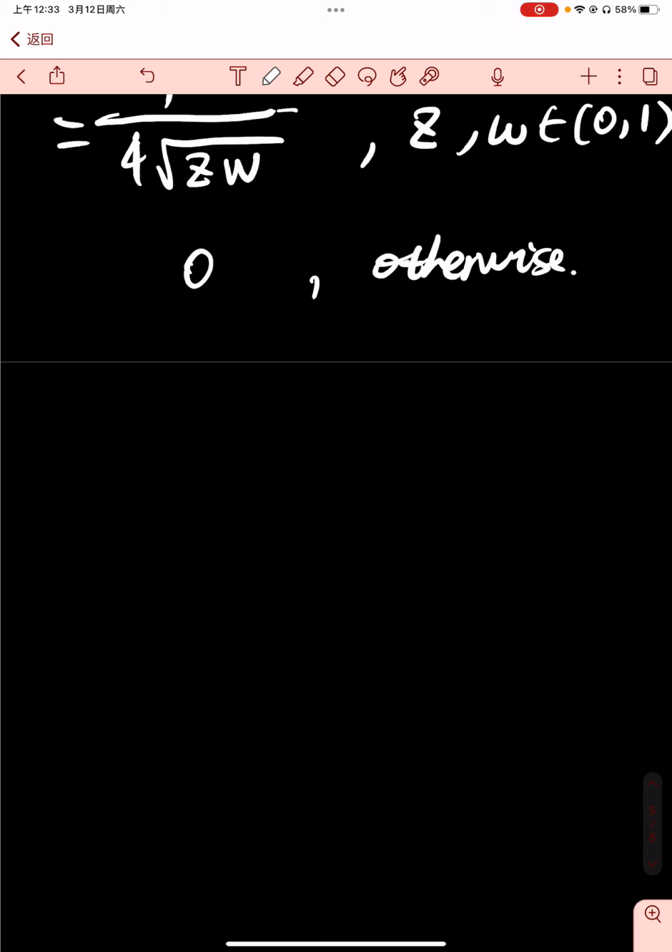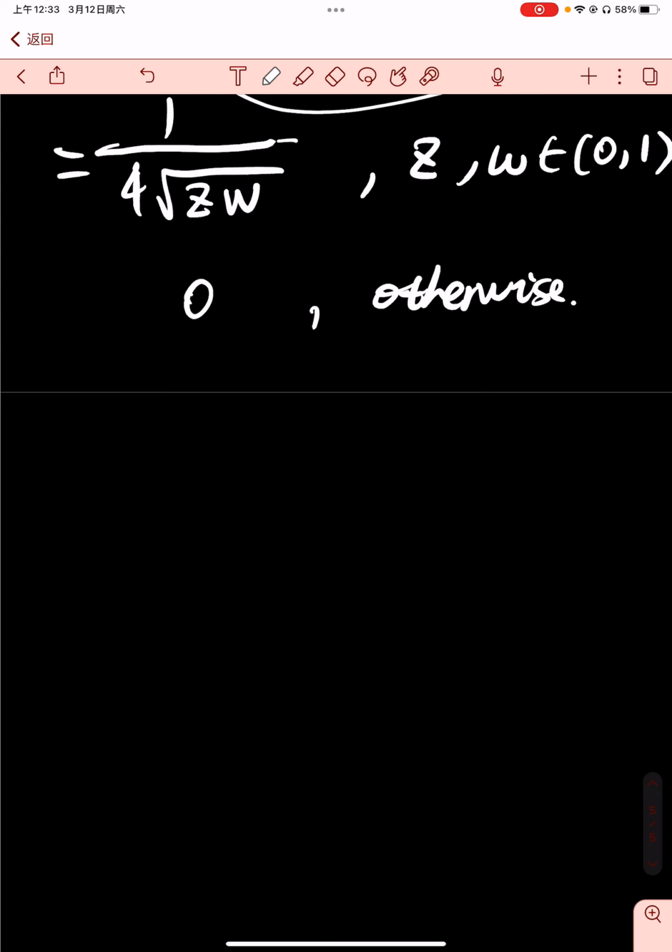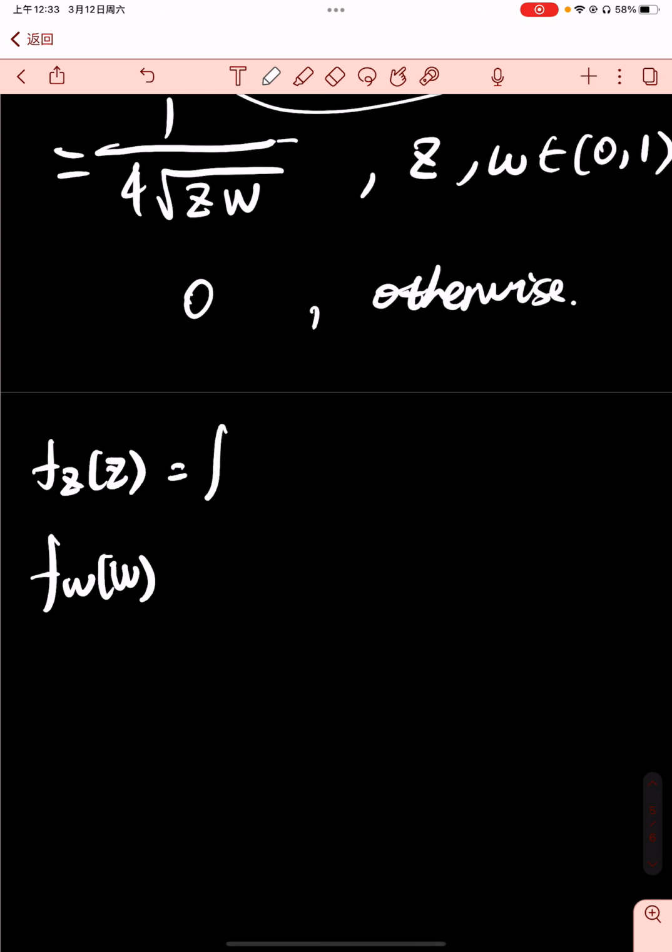For the fifth part, we have the joint density function of Z and W, and we just need to check the marginal density functions of Z and W over their definition range.